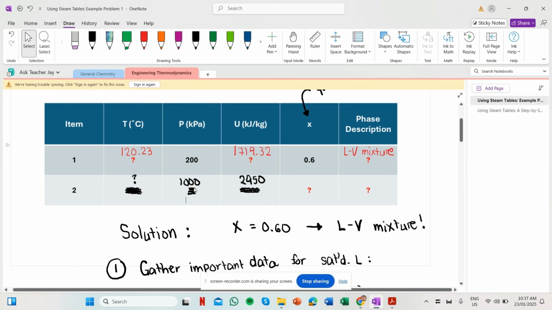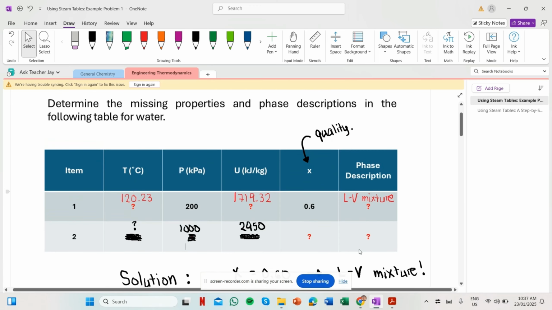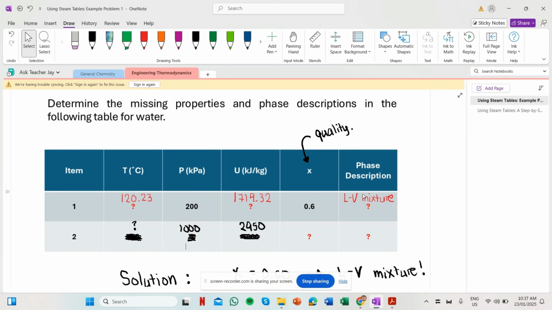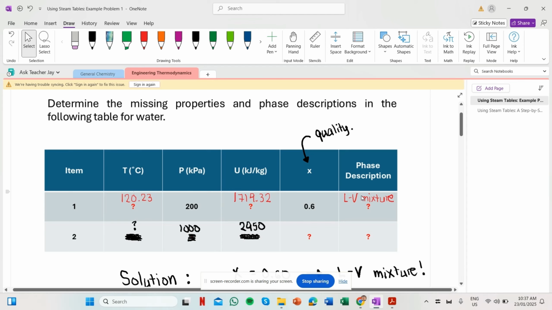We have the pressure, which is 1000 kPa, and the internal energy of 2950 kilojoules per kilogram. Again, the first thing to do is to determine the phase description. Once you know the phase of the water, we can proceed with the succeeding steps, like what steam data to use: saturated steam data, superheated steam data, or saturated data to get the liquid vapor mixture.